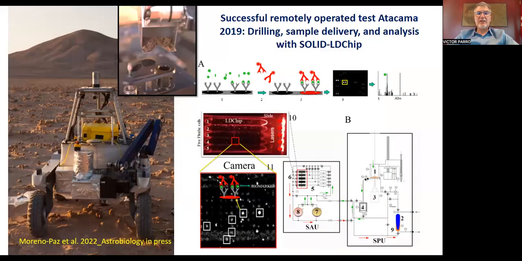This is the last campaign we performed in the Atacama, where we performed a fully remote analysis using SOLID on top of this rover platform. We analyzed completely different samples in a remote way, and we identified different positive spots, and we made some relevant discoveries about the biology in the sampling area.